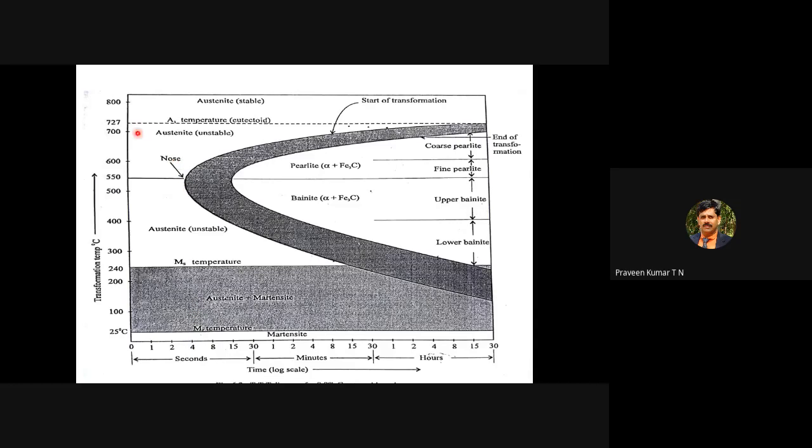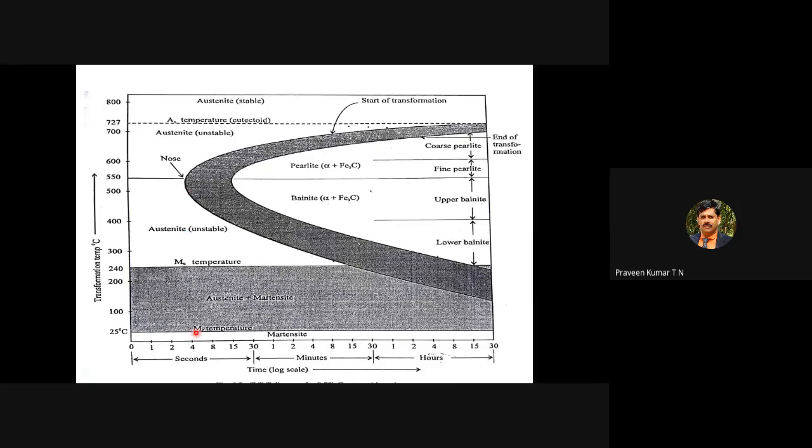Imagine, from 727 degrees Celsius, you cool down to 550 degrees Celsius, or put it into the salt bath which is maintained at 550 degrees Celsius. Within 4 seconds, your transformation takes place. This is the start of transformation. The leftmost curve is there. There are two curves. The shaded region, the leftmost curve, is the start of transformation. Within a fraction of a second, complete transformation may not take place.